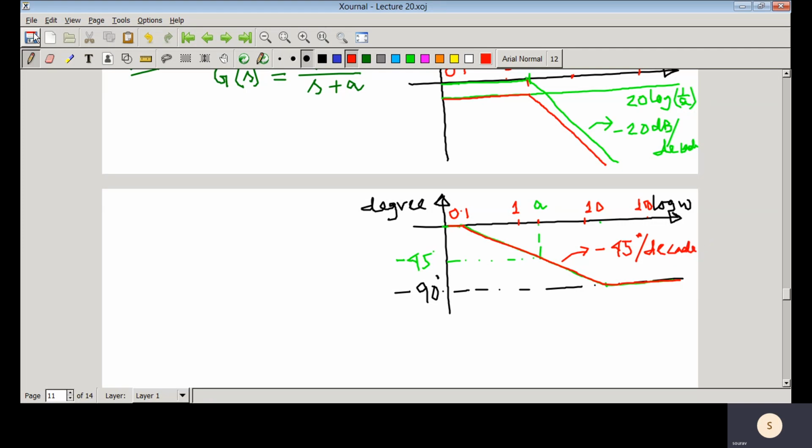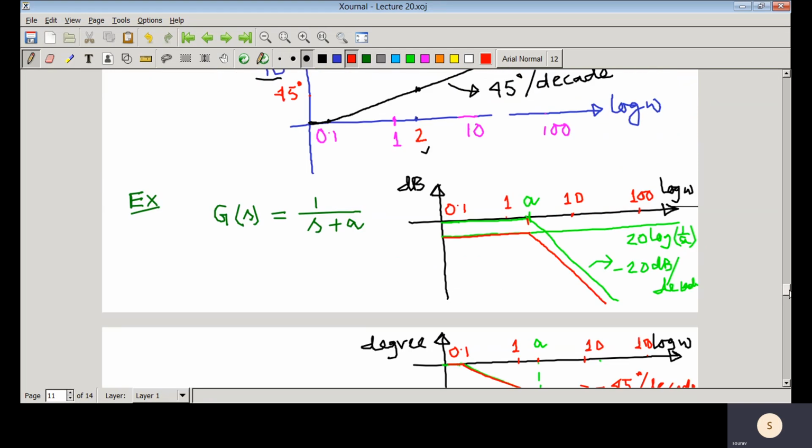And when omega is high, then that angle is minus 90 degree. So whenever we draw the asymptotic Bode plot, do not forget to mention the axis.